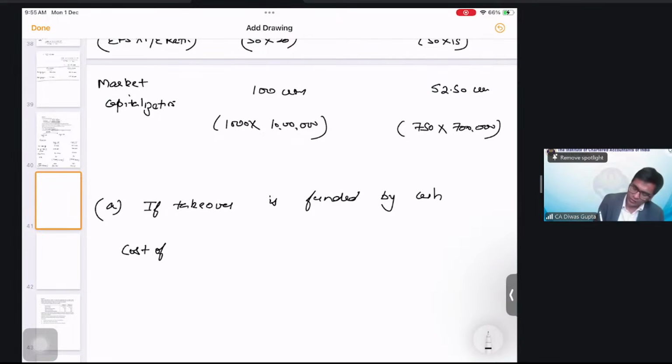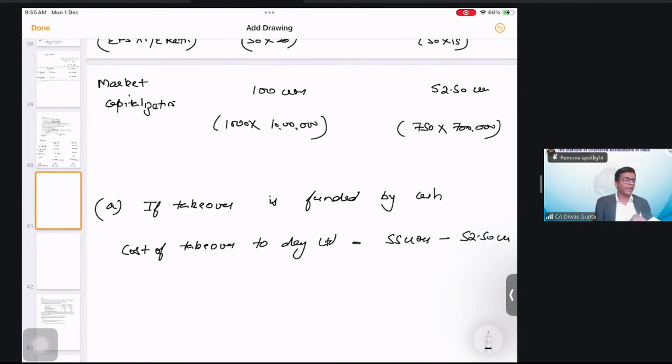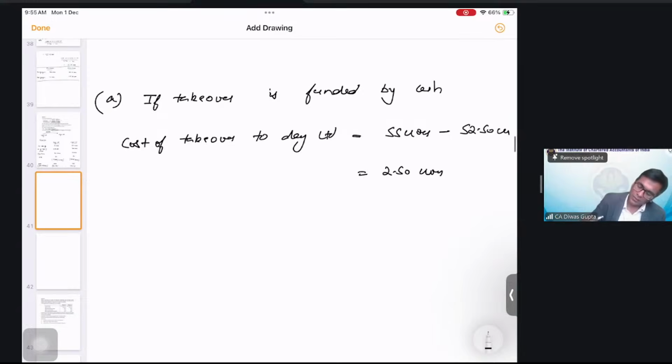Okay, the cost of takeover to Day Limited is equal to 55 crores minus 52.50 crores. Correct? So this comes out to be 2.50 crores.